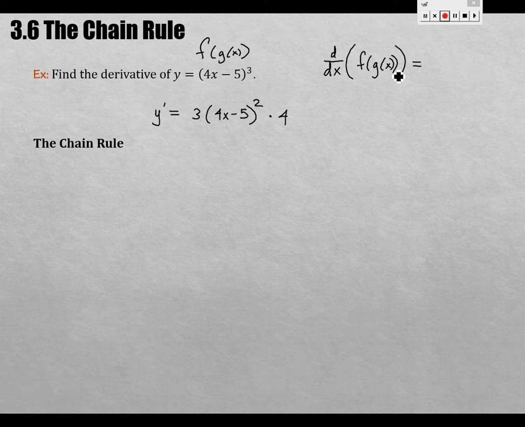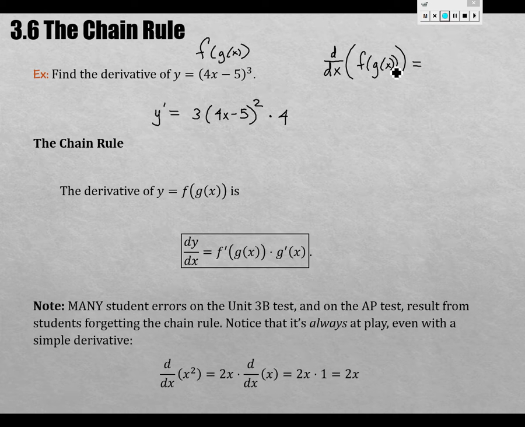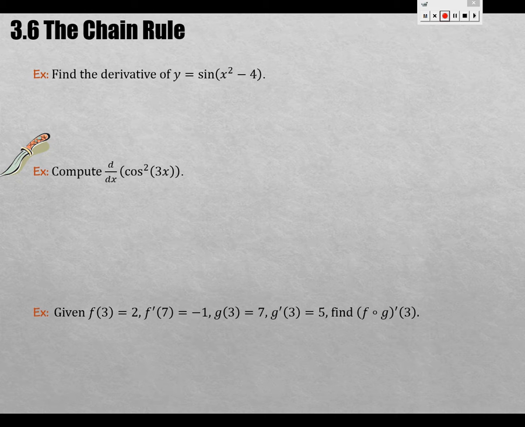Talk with your group for a second. See if you can fill in the blank, and then I'll show you the answer in a second. Okay, well, let's say the f here, the g is 4x. It's the derivative of f of g times the derivative of g.